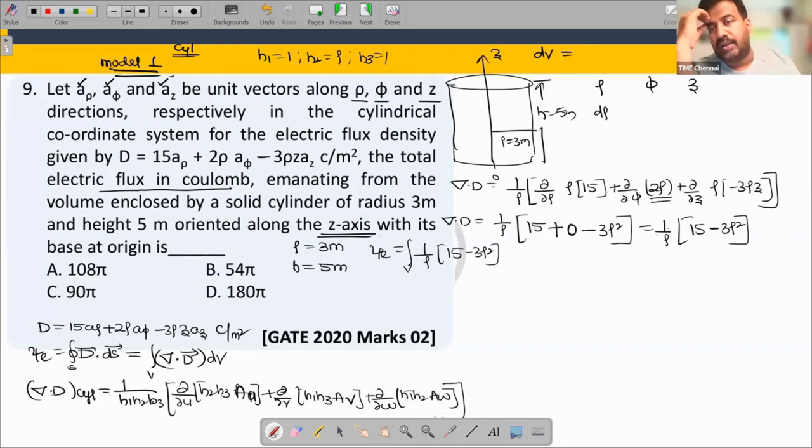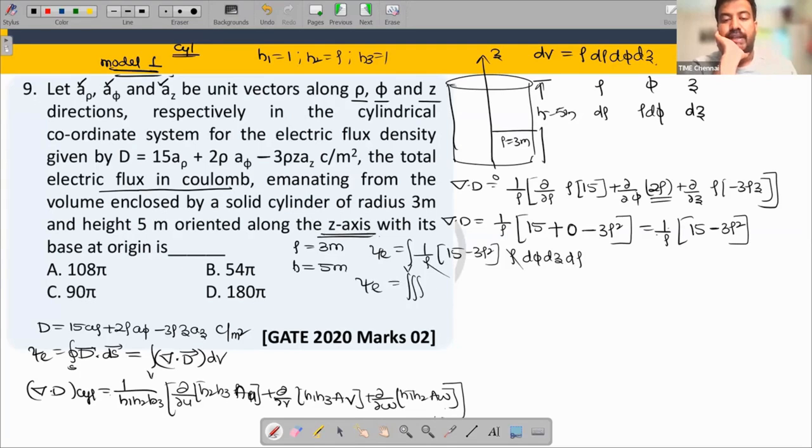Differential length along rho is d rho, along phi is rho d phi, along z is dz. So the volume element is rho d rho d phi dz. This rho goes off.